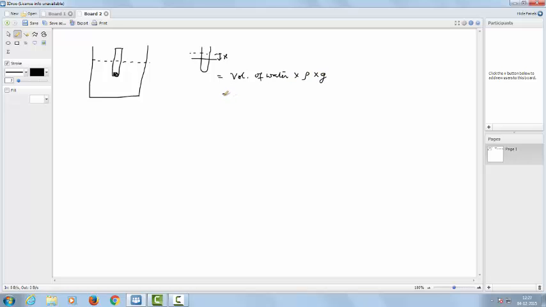So this will be equal to area of cross section of the test tube multiplied by the displacement multiplied by density multiplied by g.